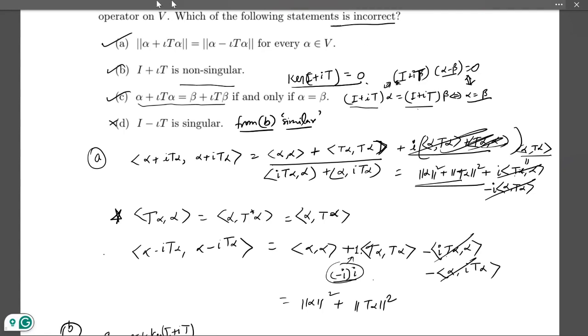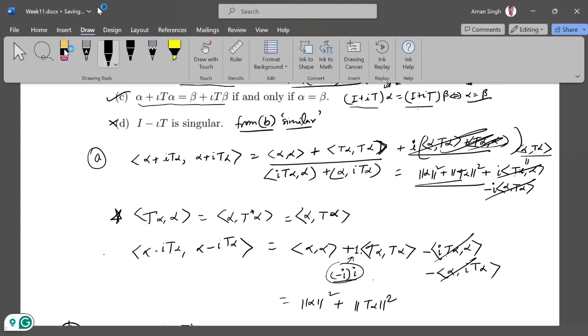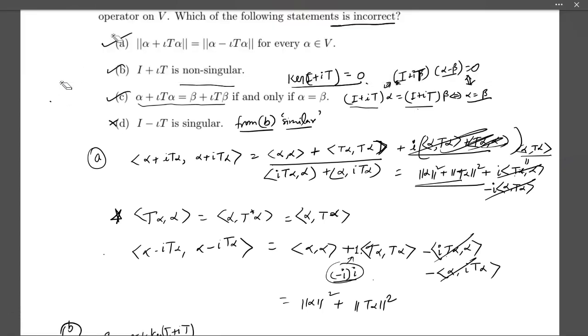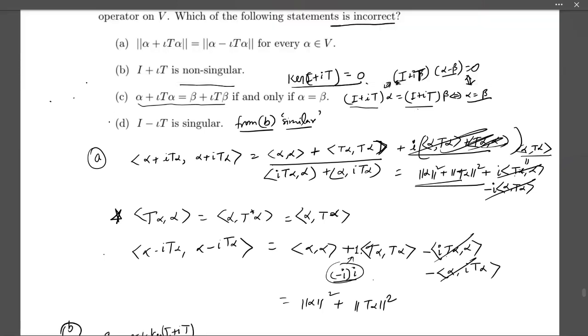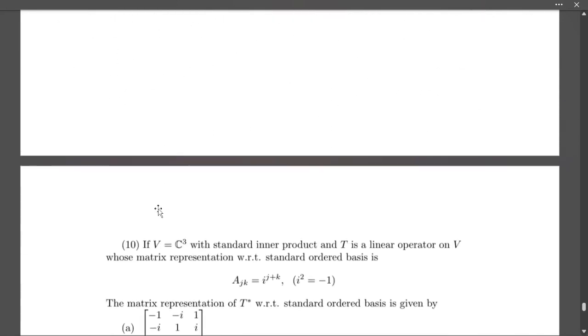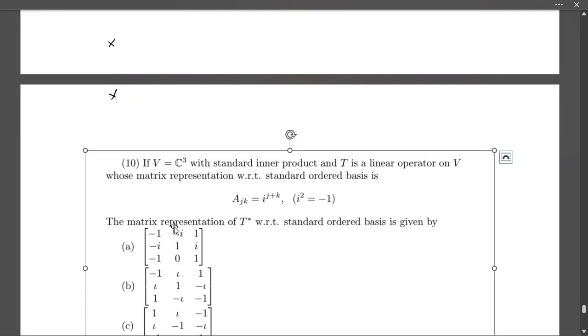Okay. So what I wrote is all correct. Only part B is correct.